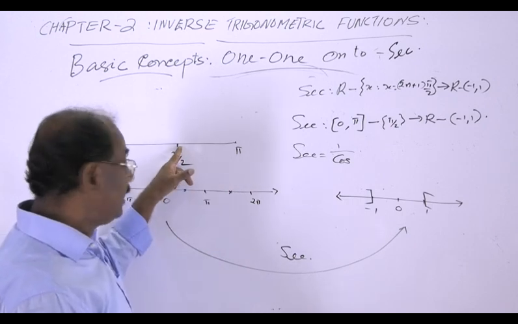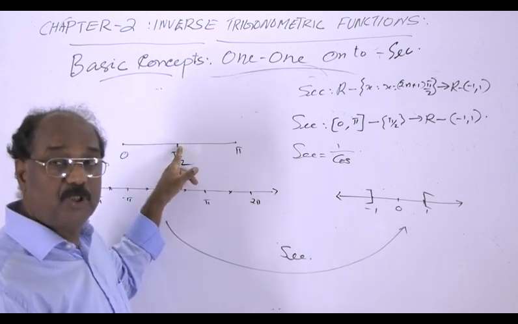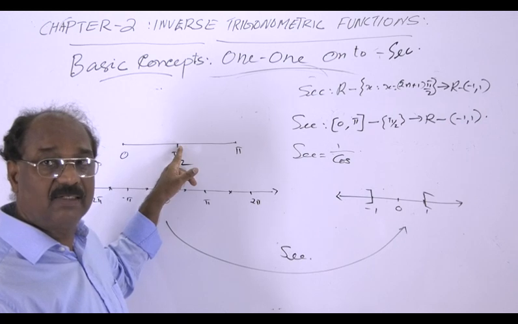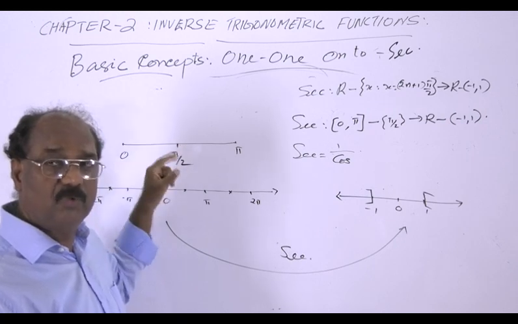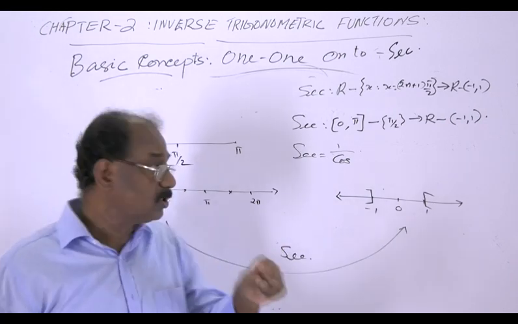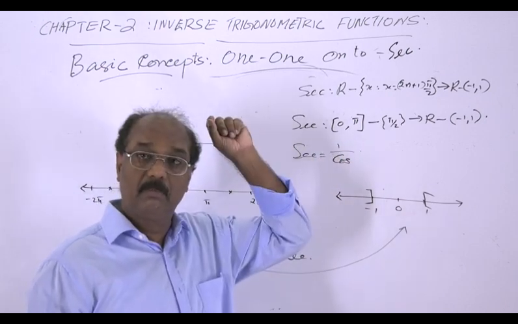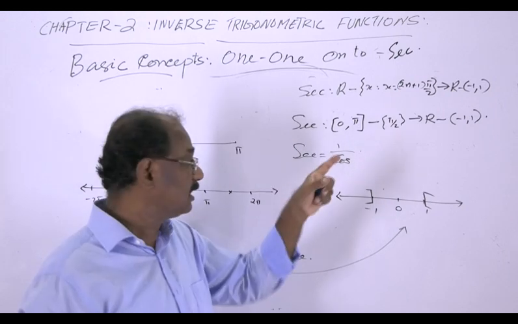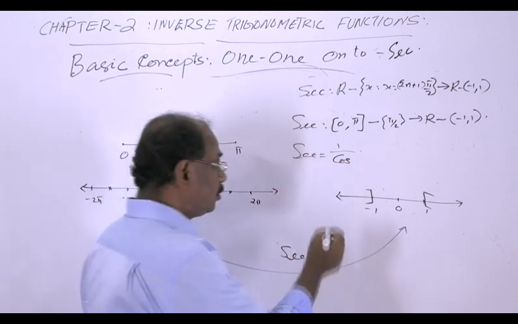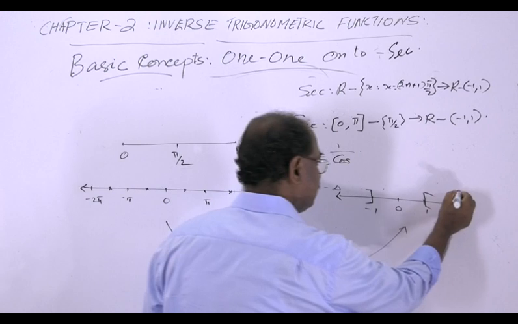A point near pi by 2 means the cosine is almost 0, so 1 by cos will be minus infinity, because in the second quadrant the cosine function is negative. So near pi by 2 the value goes almost to minus infinity.